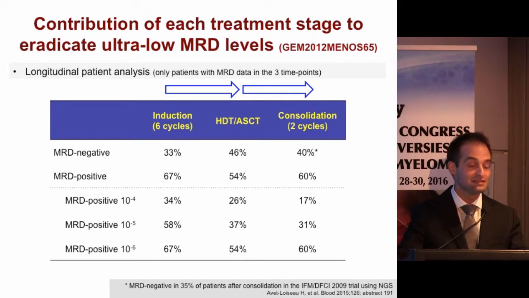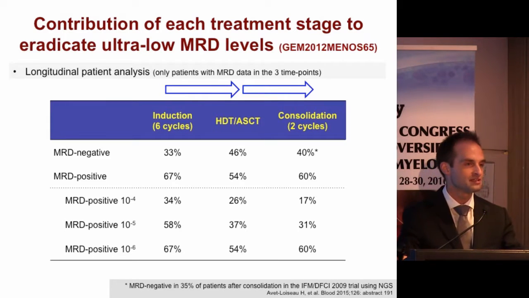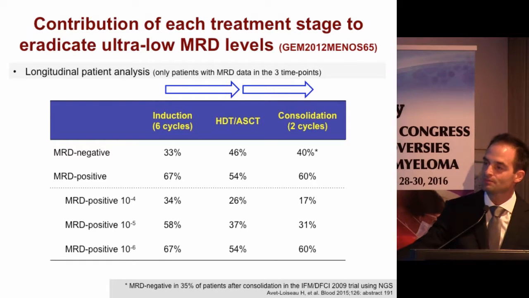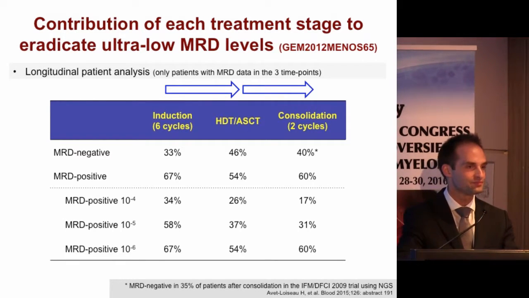In fact, you can see in this slide that for this particular ultra-chemoresistant patient, with the exception of the moment after induction, the patient would have been considered as MRD negative at all times by first-generation flow. And even using a second-generation more sensitive assay, after consolidation, the patient would have been considered as MRD negative.